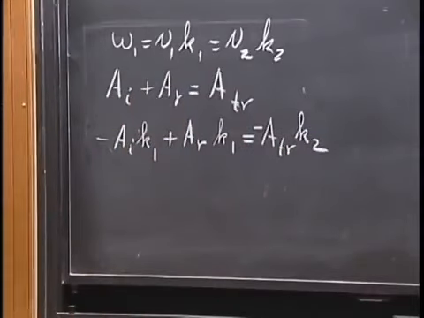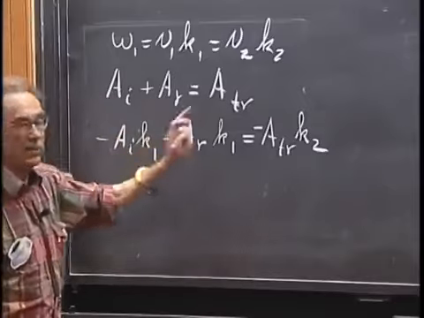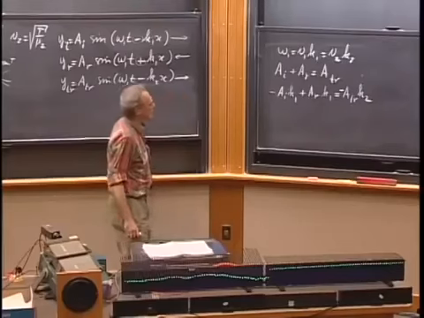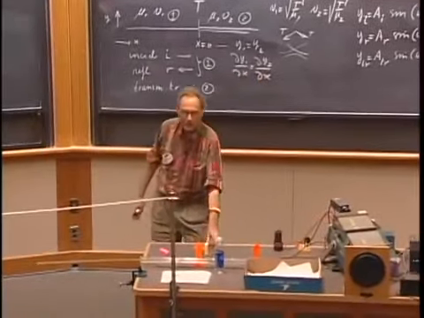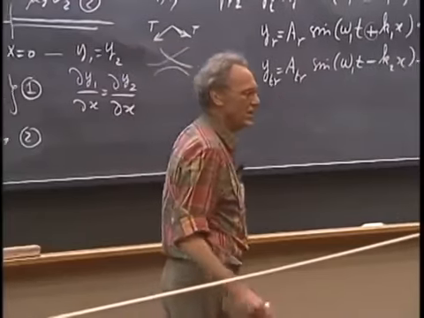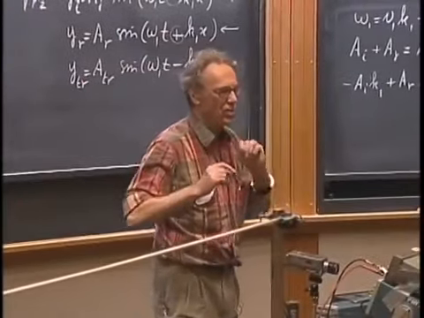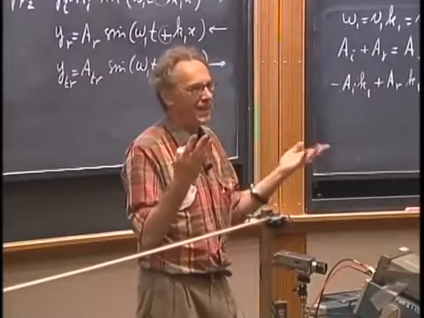So this is the second equation, and you could solve these two equations easily, except you have two equations with three unknowns: A_I, A_r, and A_t. Of course, you cannot solve two equations with three unknowns, but what you can find, and that is the only goal I have, is the ratio of the amplitude of what comes in over what comes back. That's my whole goal.